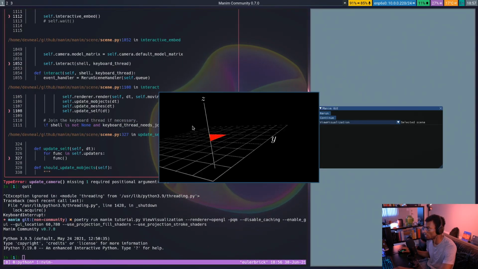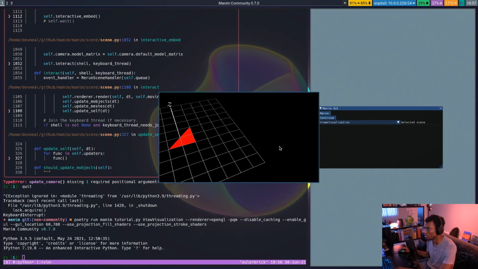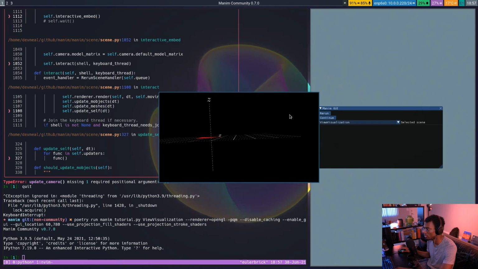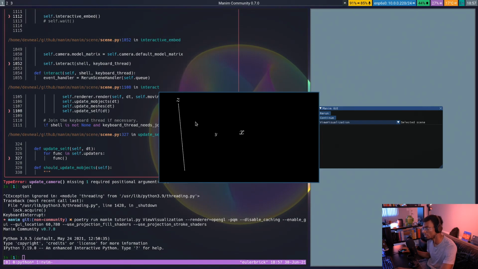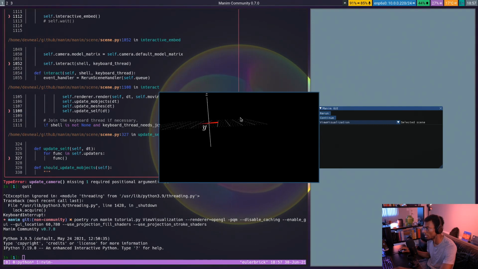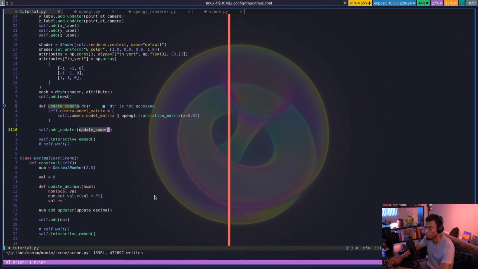Also, I think the rotation does some weird stuff when the camera's shifted. Not sure why that is. Yeah, anyway, I think there's something up with that. But what I want to do isn't to actually translate this.